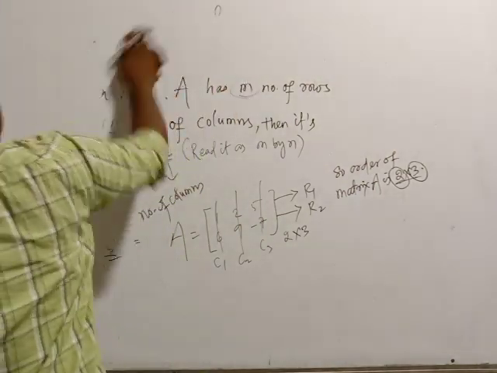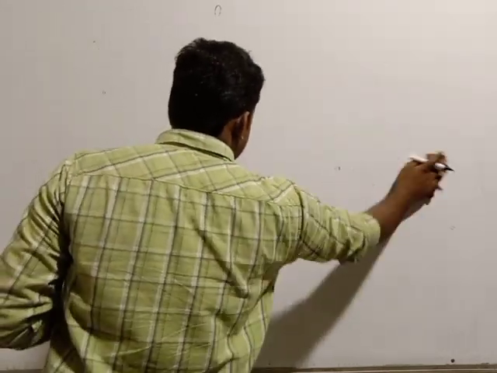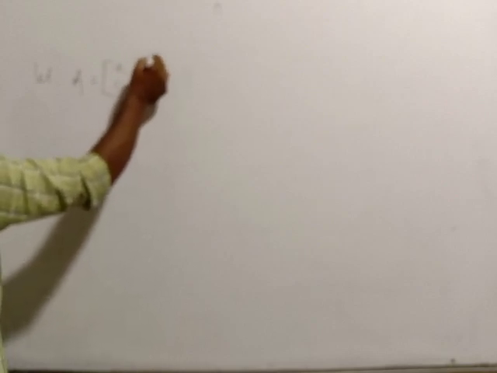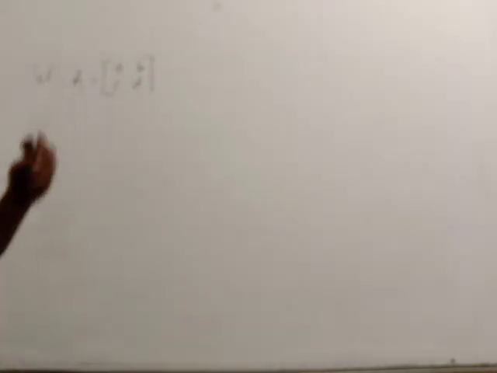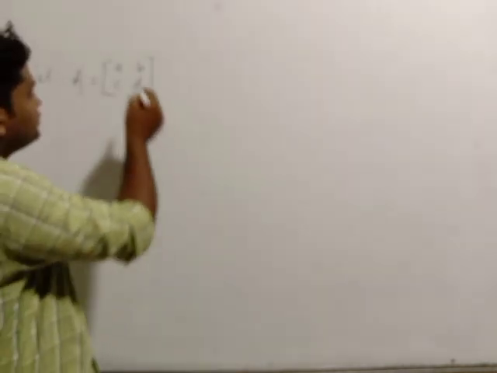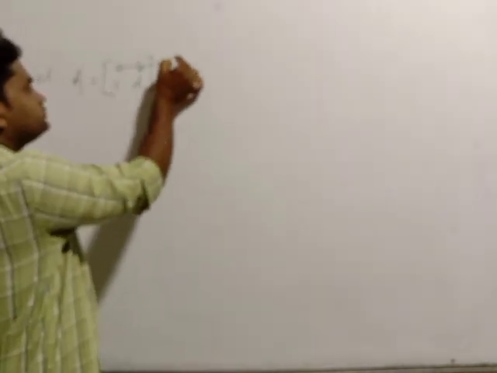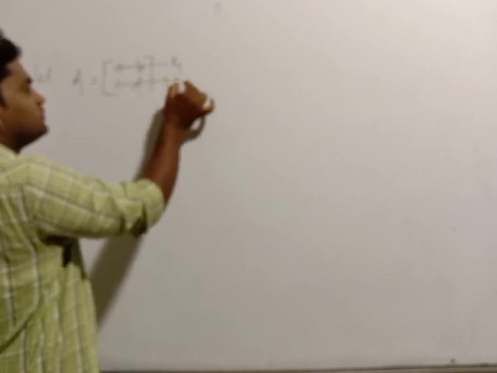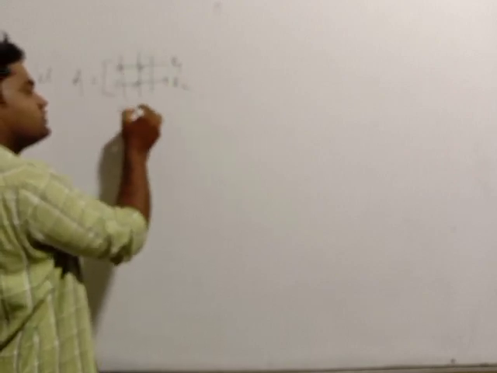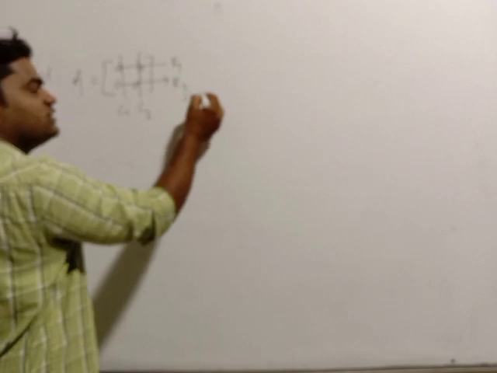See some other examples. Let A equal to A B C D. This is a rectangular form, so it is a matrix and it has two rows and two columns. So its order is 2 by 2.